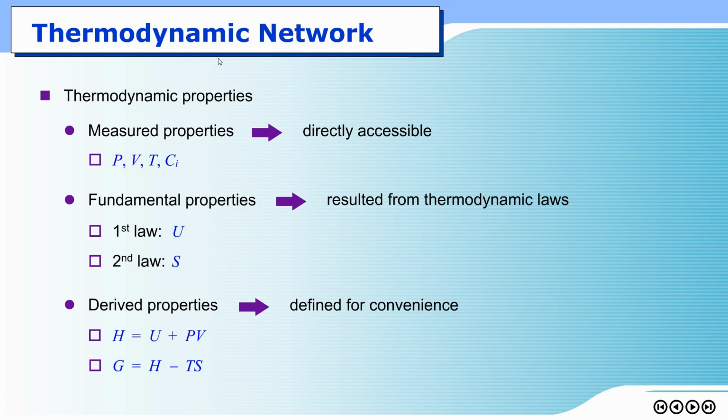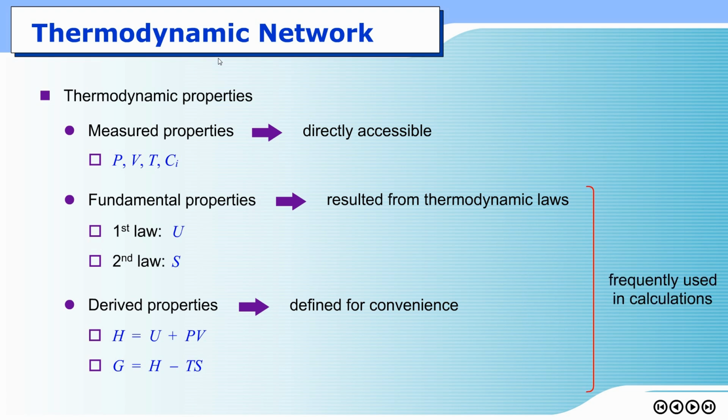But for some cases, like when the system takes place under constant temperature and pressure, calculating ΔG, or the change in Gibbs free energy of the system only, is enough to determine whether the process is spontaneous or not. So Gibbs free energy was defined for our convenience to make that determination. In a similar manner, Helmholtz energy was defined as well. These kinds of variables are considered derived properties.